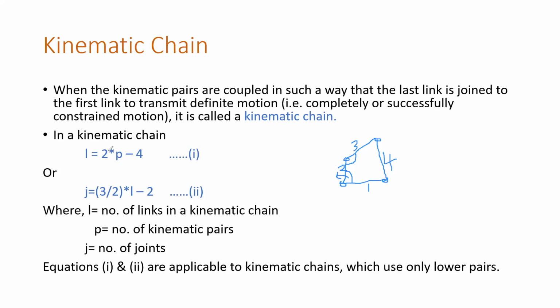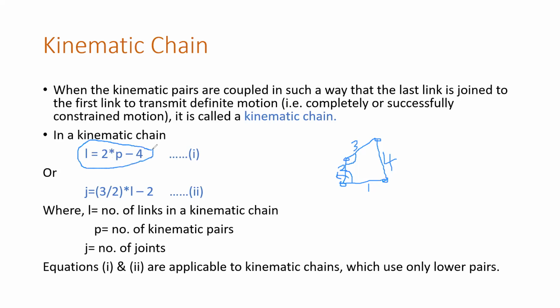Next, let us see what the condition is, how you will check whether a given assembly of different parts is a kinematic chain, or a structure, or something else. There is a condition which you can check for the given assembly.